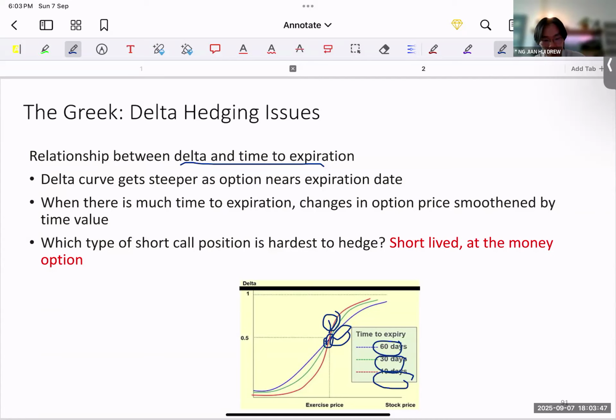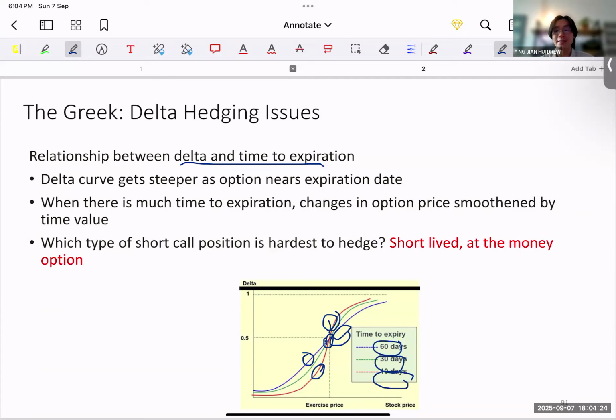If it's further away from the exercise price, the 10 days continue to be steeper than the 60 days. But of course, you can't really see it so obviously as compared to closer to the exercise price.